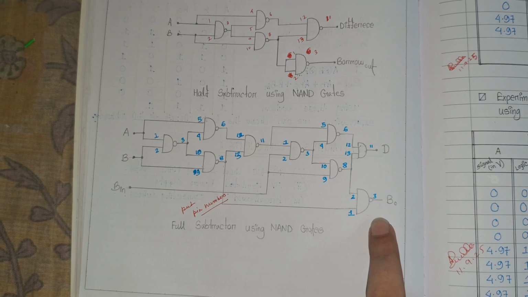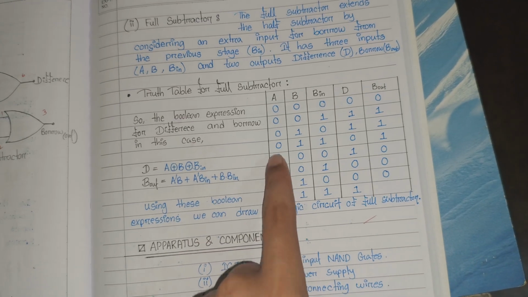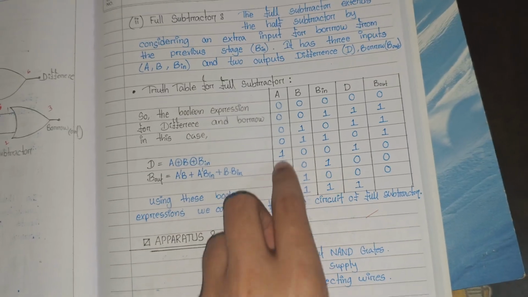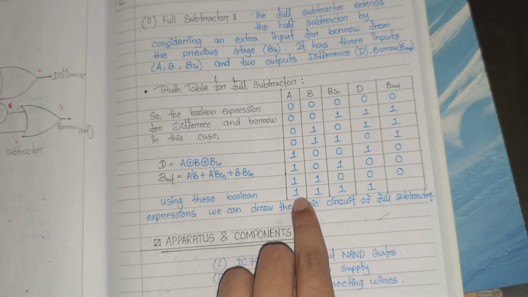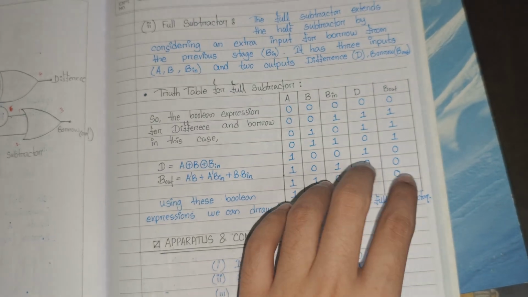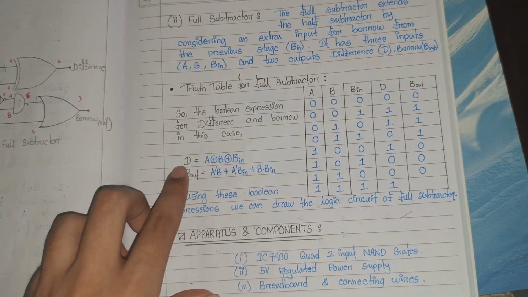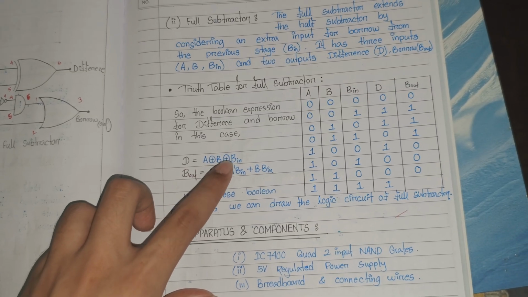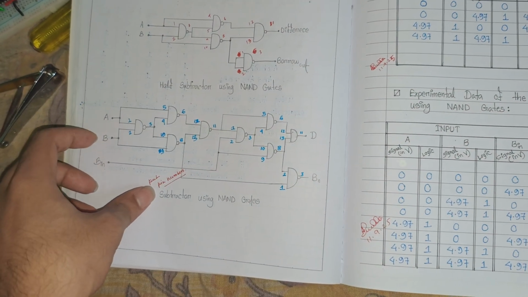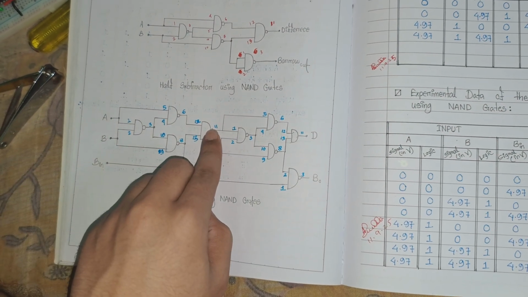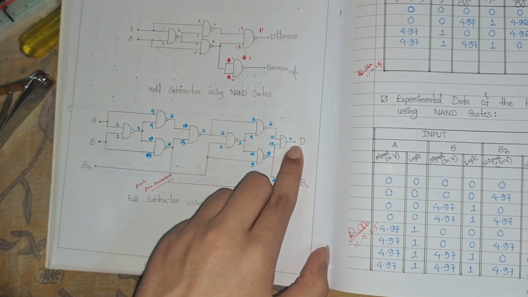And in the borrow, we do the NAND operation of the 8th pin from both ICs. You can see that the truth table is built in such a way, or it has such a relationship between the 3 input pins and 2 output pins, that we can evaluate that the difference is nothing but A XOR B XOR B in, which is ultimately getting here: A and B get the XOR operation, and the output gets another XOR operation with the third input, and we get the output A XOR B XOR B in.